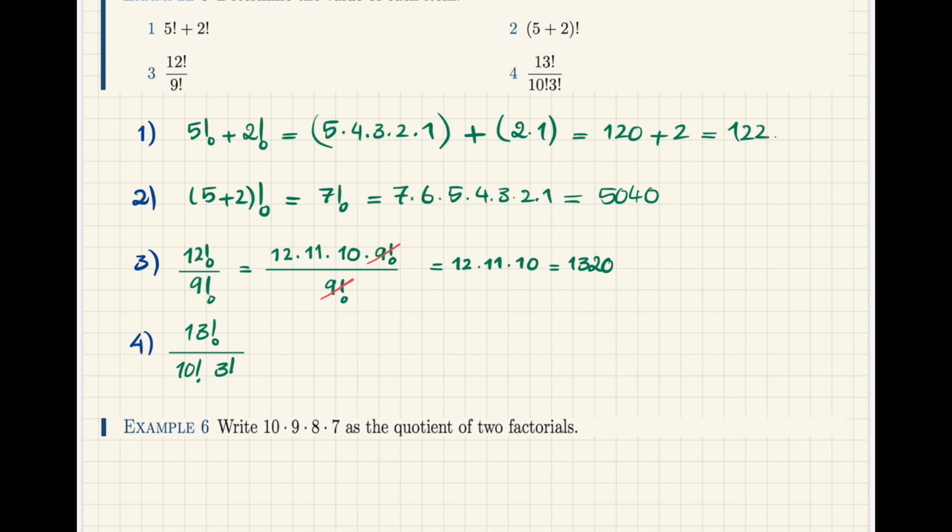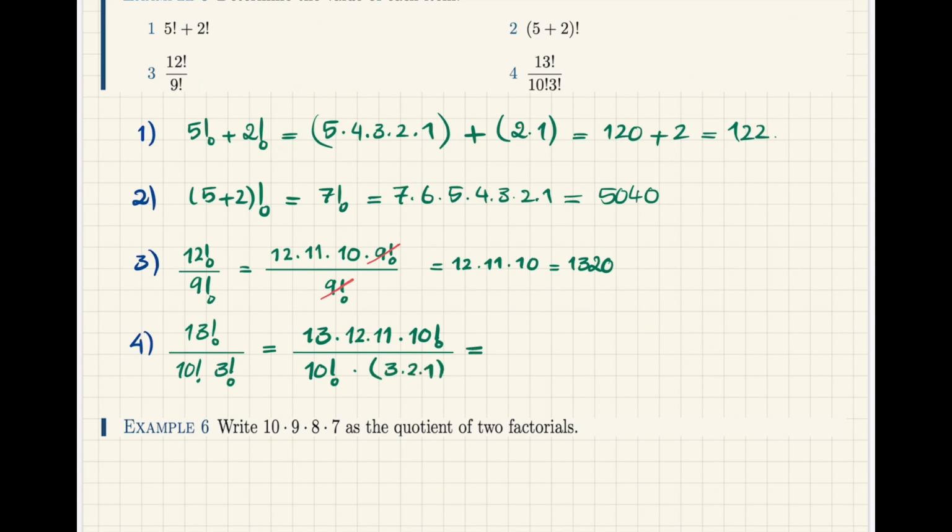If there is nothing between them, it means that I am multiplying these factorials. The trick is again clear, hopefully. Instead of 13 factorial, I can write 13 times 12 times 11 times 10 factorial. It's better to stop here, because now I have a 10 factorial in the denominator, so that can be simplified with that. But because there is nothing to simplify by 3 factorial, I have to write it down: 3 times 2 times 1.